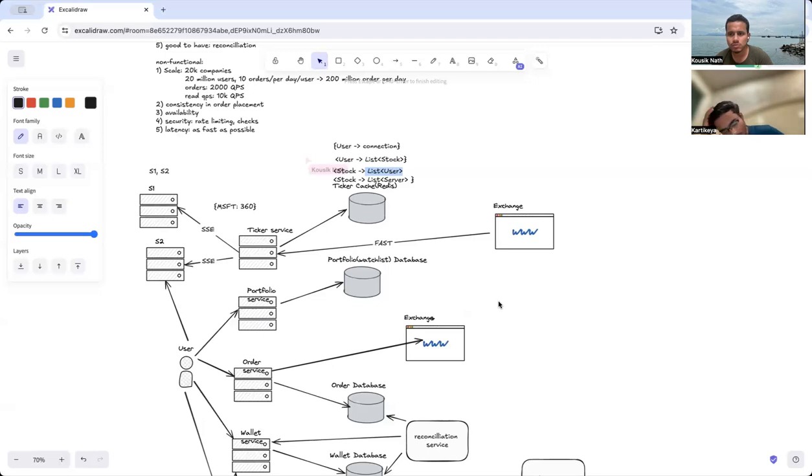So the only problem is, if a user adds one stock to their wish list, in the worst case, it can happen that after 5 minutes the user actually starts seeing the prices.